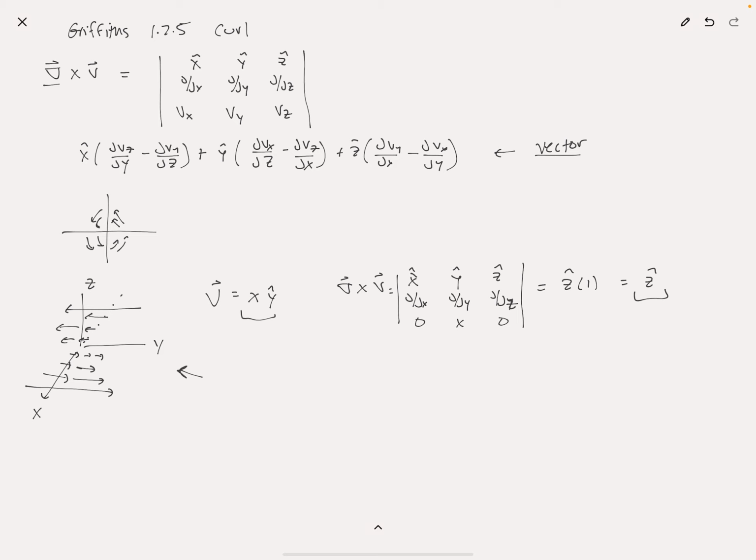And that's using your right-hand rule, and that would mean your thumb would point in the positive z hat direction. So just like the traditional cross product between two vectors, the curl's direction is chosen by the right-hand rule.